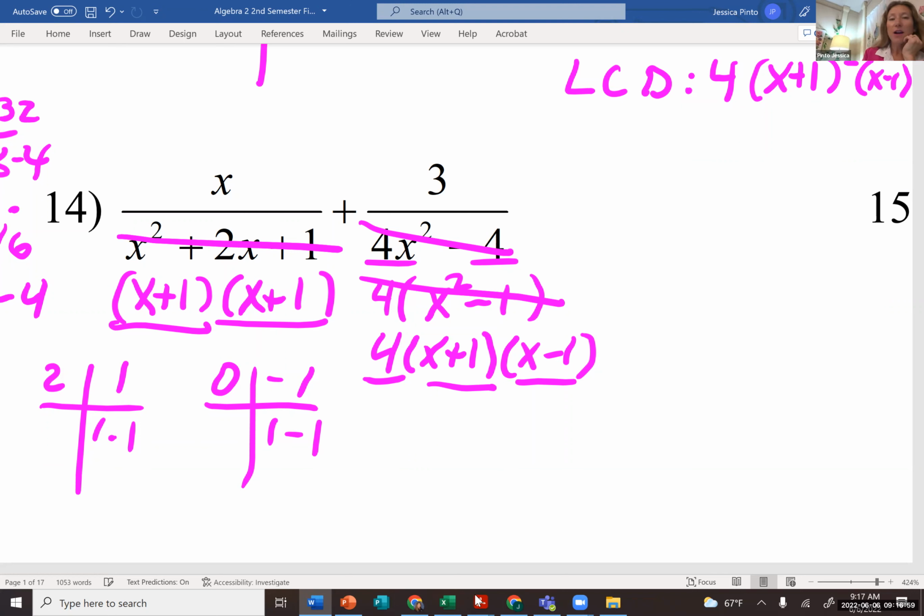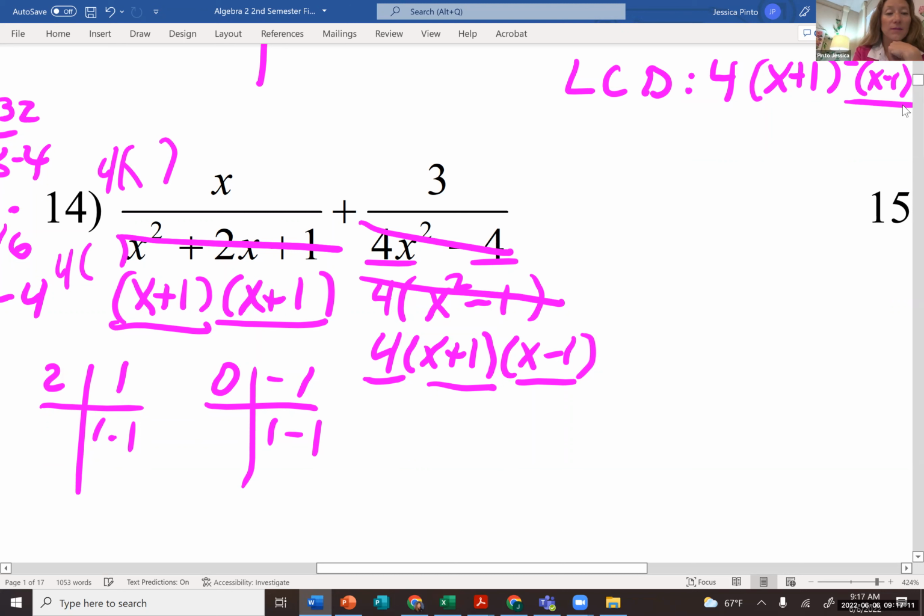So considering all that, I need to multiply each term so that they have the exact same denominator. The first term needs a 4 and the binomial x minus 1. The second term has the 4, the x plus 1, the x minus 1, but it doesn't have 2 x plus 1s, so it needs the x plus 1.